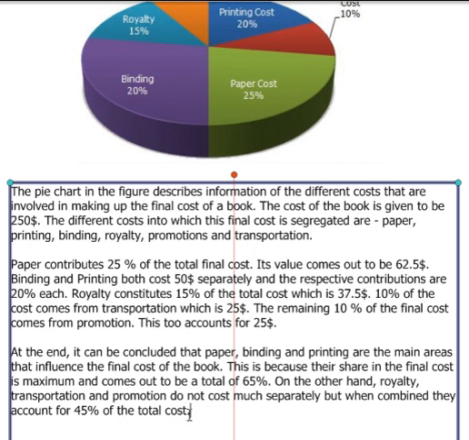The third paragraph and the final one is our conclusion, and it gives us an account of what different headings contribute towards the maximum cost, that is paper, binding, and printing. And it also gives information that royalty, transportation, and promotion, they don't cost much separately, but when combined, they do account for around 45% of the total cost. Well, that would not be 45, it would be 35 for calculation mistake. So you need to check your calculations as well.